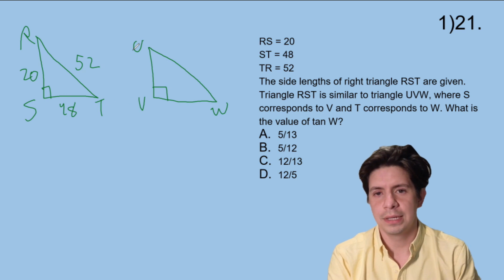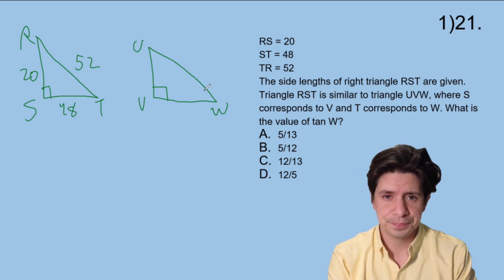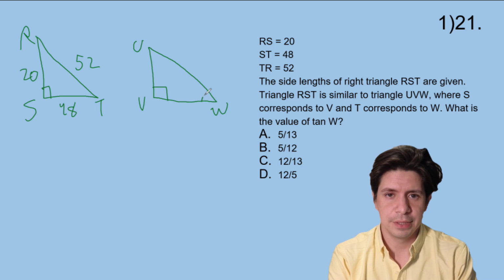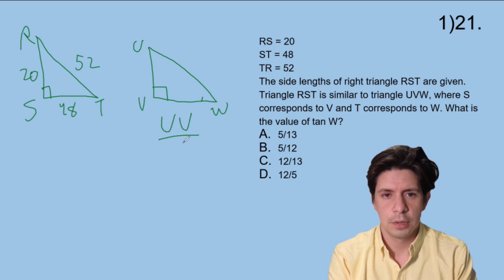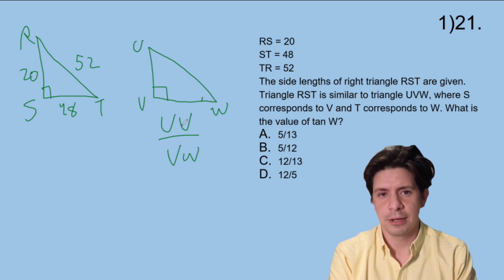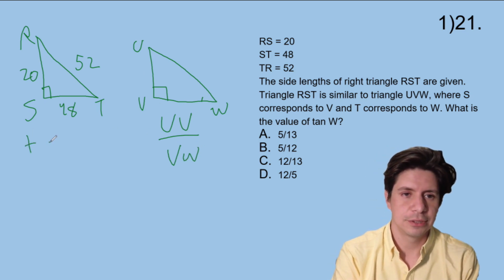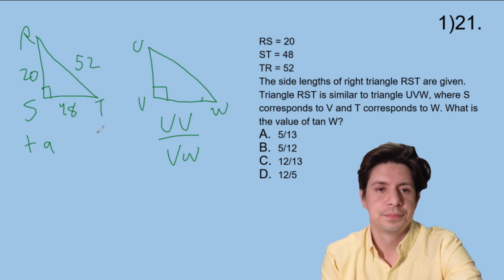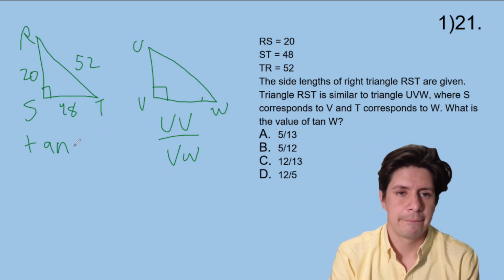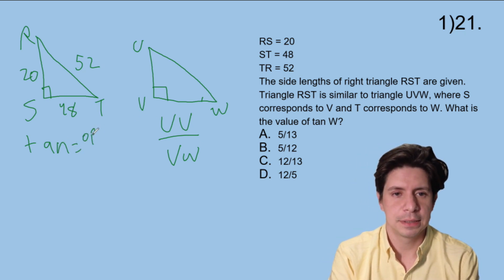So now what is the value of tan W? So tan W is basically going to be opposite, so it'll be UV over VW, right? Because it's opposite over adjacent. Just a reminder, tan W equals opposite over adjacent.